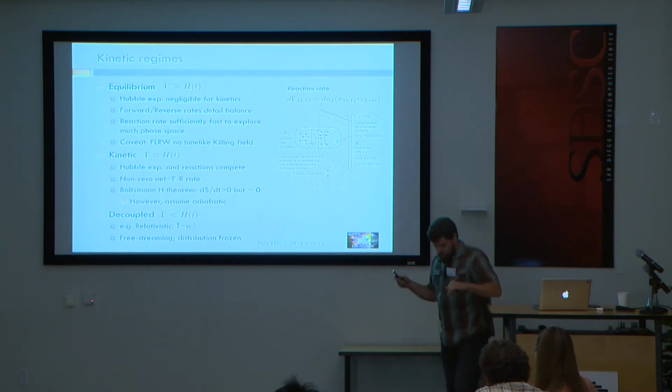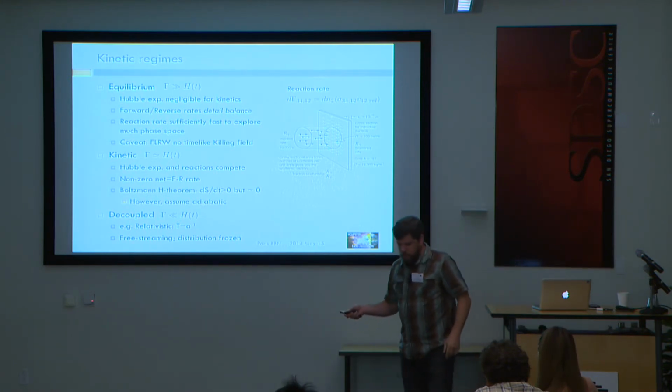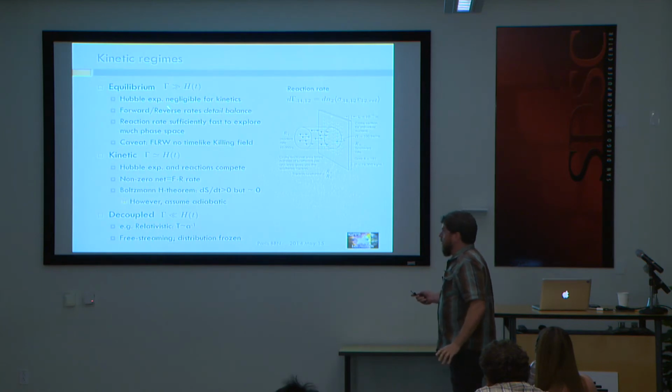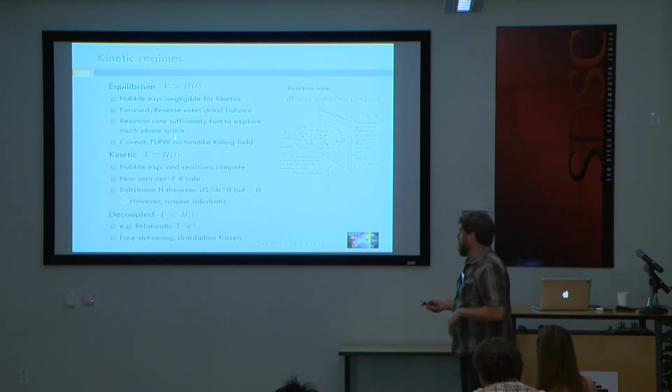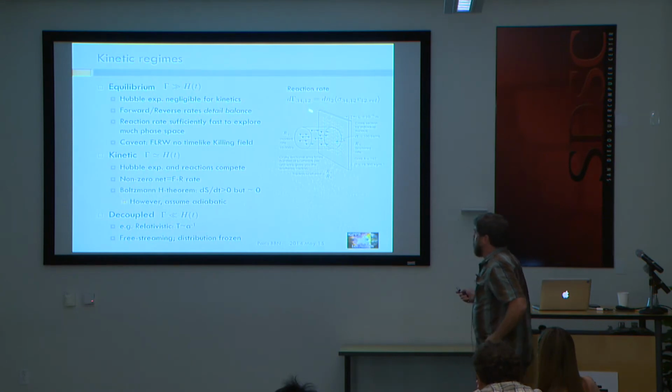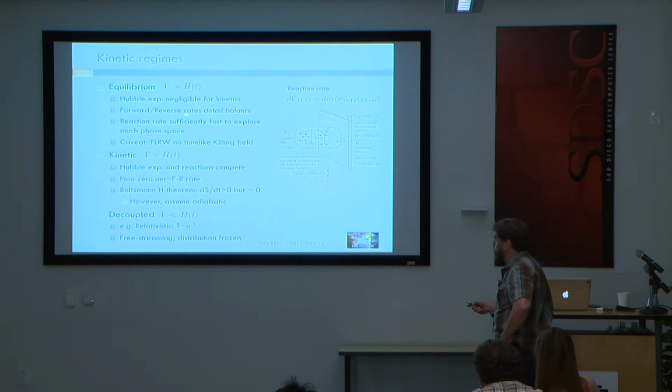Okay, so then, knowing what we know now about the kinetic theory, I want to define three regimes that are important. And we'll probe the kinetic regime in the workshop this afternoon for Big Bang nucleosynthesis. In equilibrium, the rate, which is given by this expression on the right-hand side of the figure, is much larger than the Hubble expansion rate.